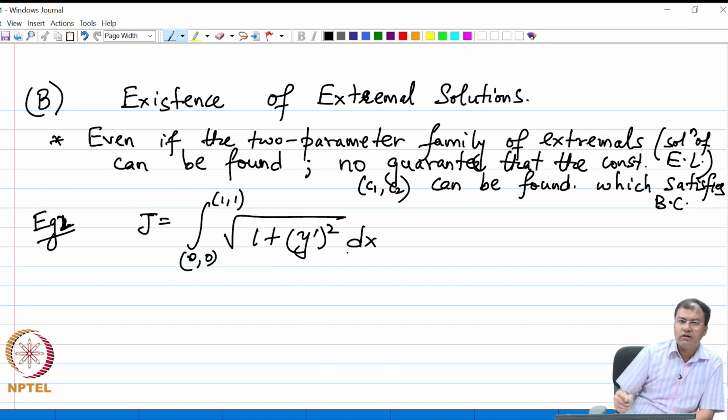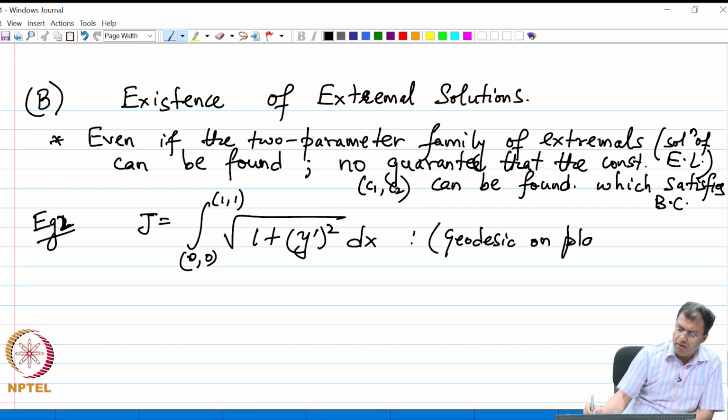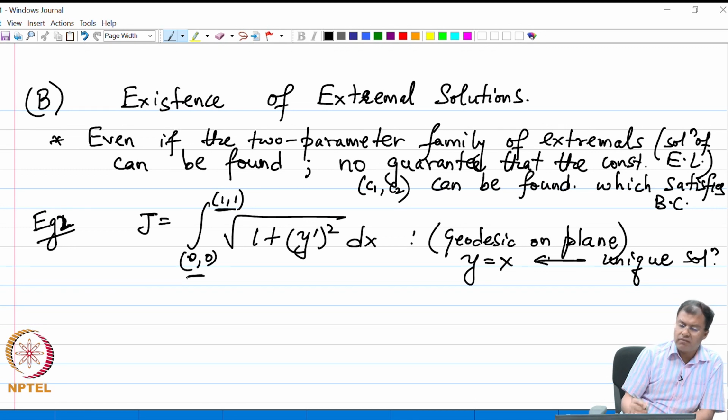This is the geodesic problem, or the problem of the shortest path, and we get that the solution is y equal to x, which was a unique solution satisfying the boundary condition given by these points.